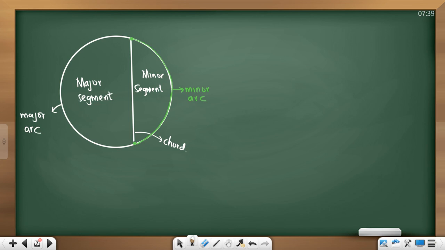It tells us where the minor arc starts from and where it ends. So the minor arc is the circumference of the minor segment. We need all of this knowledge as we go on, while the major arc is the circumference of the major segment. Now, we're done looking at the parts of a circle.